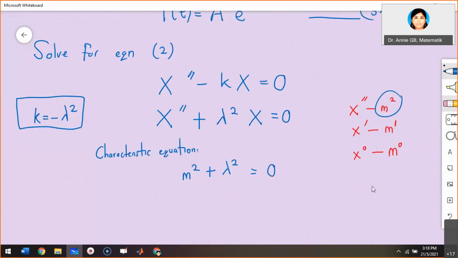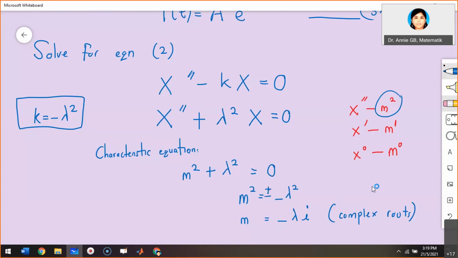The characteristic equation dia, M squared equals to negative lambda squared. So, what can you have here? M equals to plus minus lambda I. Betul tak? You have a complex roots. Saya lupa nak kata tambah tolak. Kan you ada tambah tolak.